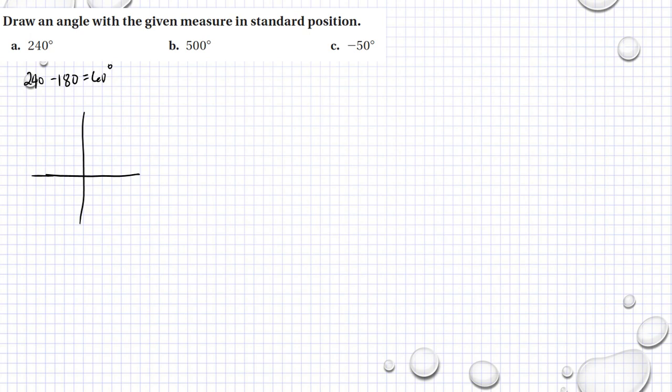Because here it is divided into 4 quadrants, and the first quadrant is 90, and then the second quadrant will be 180, and I assume it is like this. Then this is 240. It is standard position.